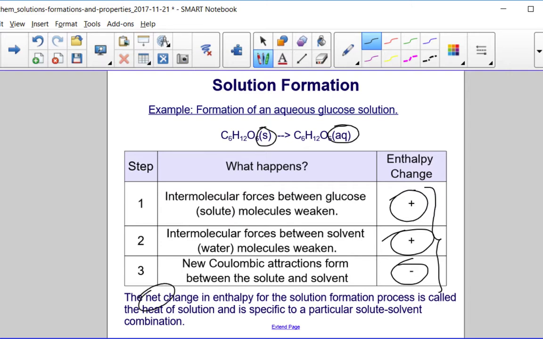Because we're talking about dissolving, we call that the heat of solution, and it's specific to particular solute-solvent combinations. So sometimes those will have an overall net positive enthalpy change, and other times the net overall change will be negative.